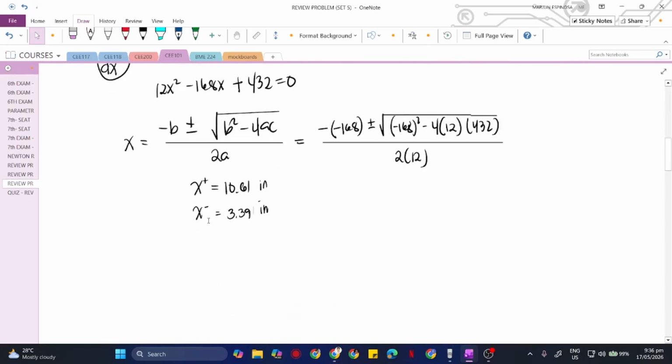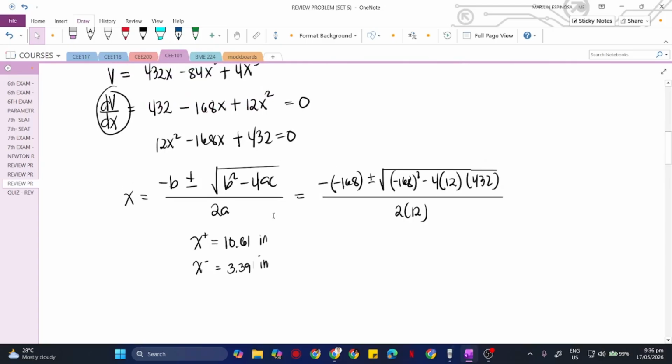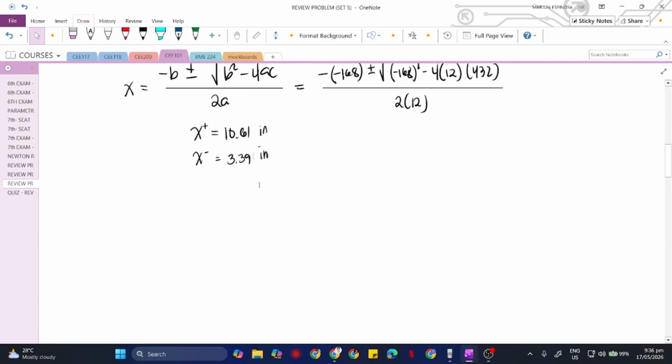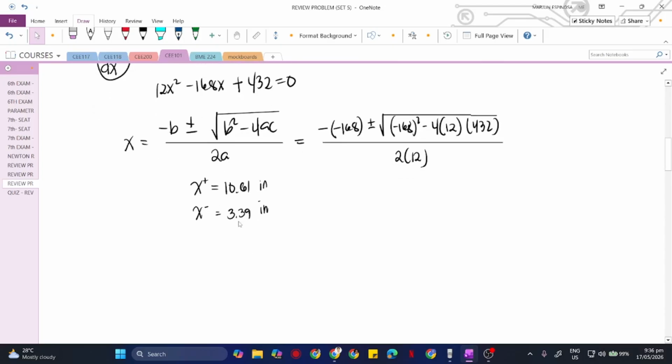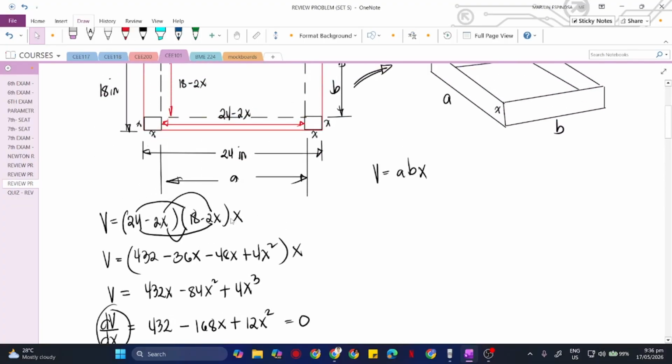And this 3.39 is the most possible value of x. But we can actually verify this by plugging in these two values that we just calculated into the volume formula. This is our volume formula.